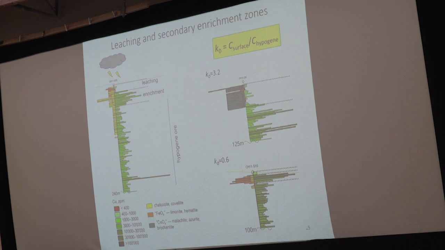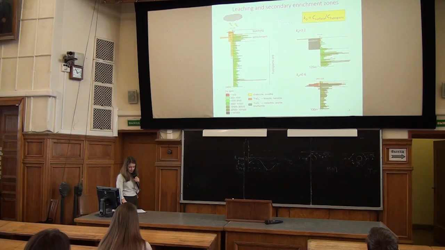As you can see, just under the surface, there is a low-grade interval called the leaching zone. Leached copper migrates from here downward and forms secondary high-grade sulfides. Below this enrichment zone, there is an interval of hypogene ore. So this surface interval is a substrate for secondary halos.